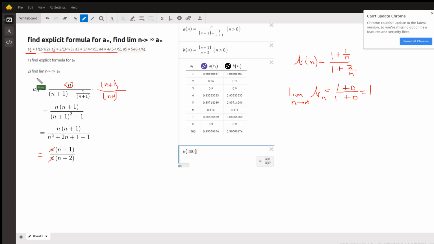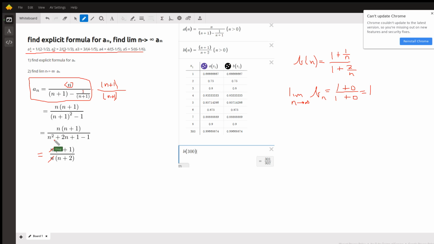Now, if you want a little more simplified version, multiply numerator and denominator of that complex fraction by n plus 1. That's the one denominator that appears to make this a complex fraction. In the numerator, you get n times n plus 1. In the denominator, you get n plus 1, the quantity squared, minus this 1 right here.